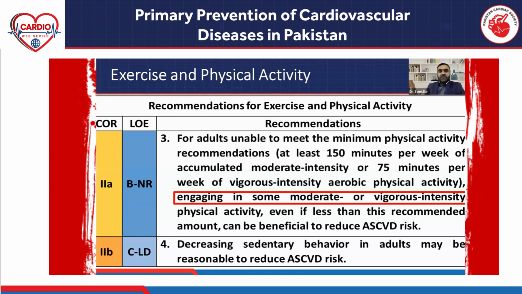Or if a patient doesn't even do this, at least, class 2B, you decrease the sedentary behavior in adults. That may be reasonable to reduce the ASCVD risk in patients. So you have to counsel them to do at least some physical activity and reduce the sedentary behavior.